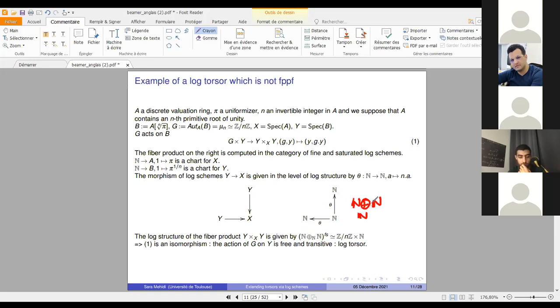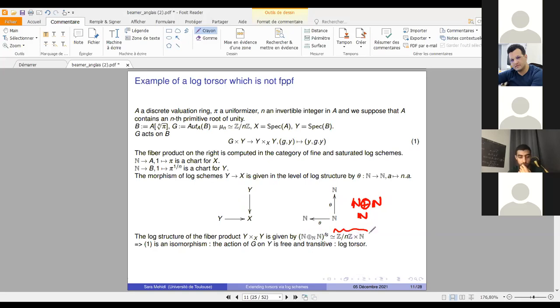The fact is that this is not always a fine and saturated monoid, but I want to compute this fiber product in the category of fine and saturated monoids. So I need to get a chart which is fine and saturated, but this is not fine and saturated in general. But there is a canonical way to associate a fine and saturated monoid, and if we compute the associated fine and saturated monoid to this, we will get copies of N over Z over NZ.